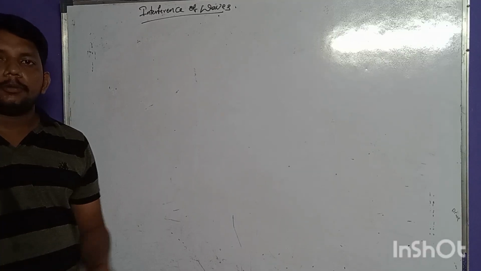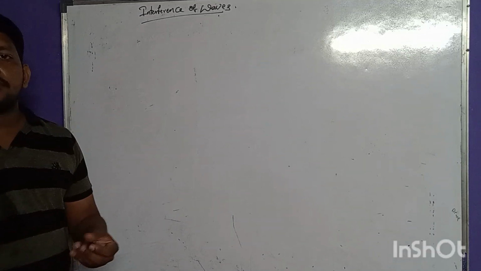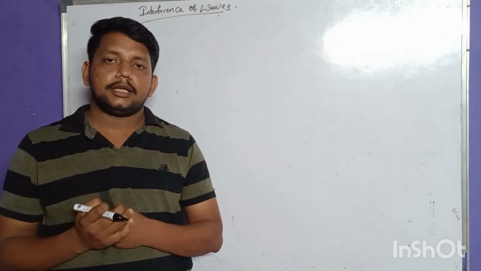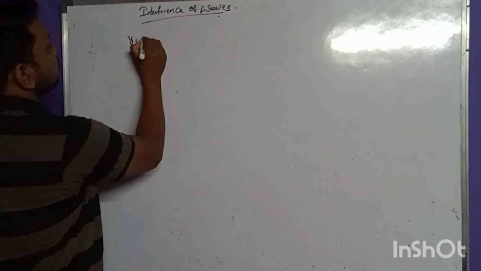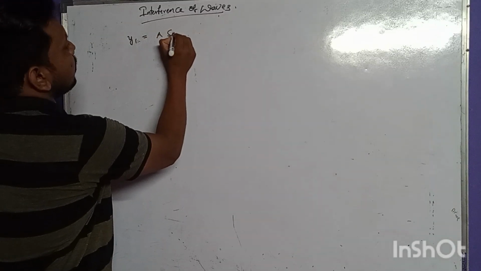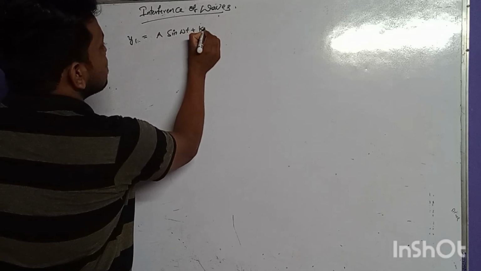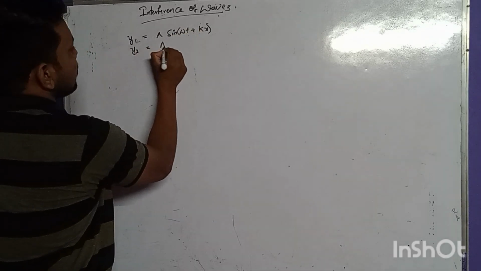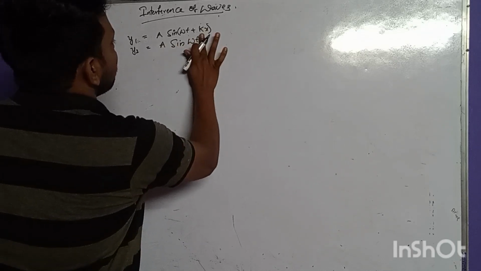Now the main topic is interference of two waves traveling in different directions, that is opposite directions. That is y1 is equal to a sin(omega t plus kx), y2 is equal to a sin(omega t minus kx).